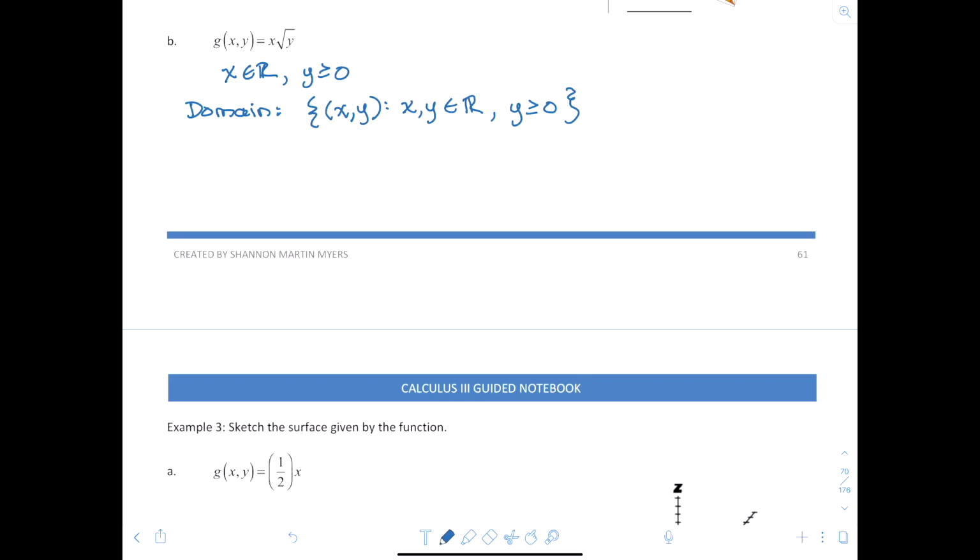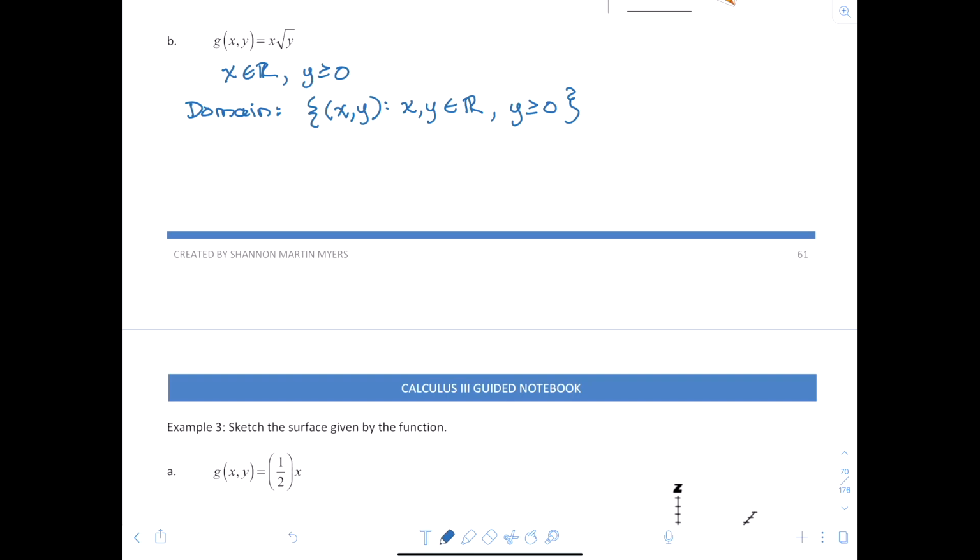Now, how is that going to affect our outputs, given the restriction on the domain? What are all the possible outputs? Awesome. You're going to end up with, well, think about it. Be careful. Y is always going to be positive or 0, correct? But x can take on any value, positive or negative, right?